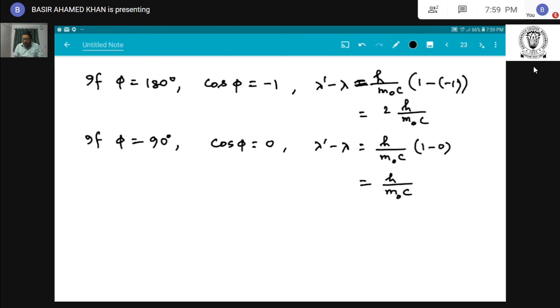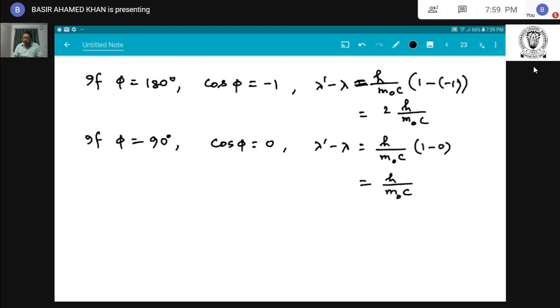So here we see that at 180 degree and 90 degree, there is no dependency on the direction of the scattered electron.